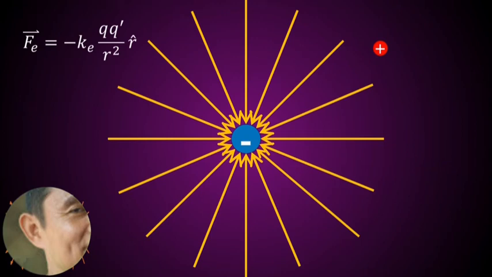Now, why negative? It is because it is attractive, in the same way as in gravitation. But this one is due to the charges themselves. So, one is negative and one is positive, so their product is negative. And consequently, the electric field is written as the negative of the force experienced by this test charge divided by the test charge itself.